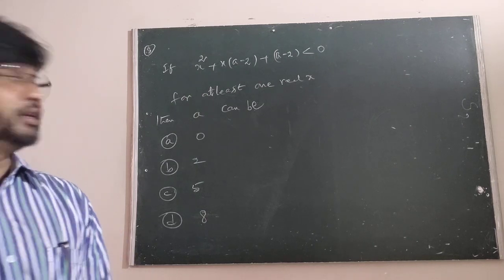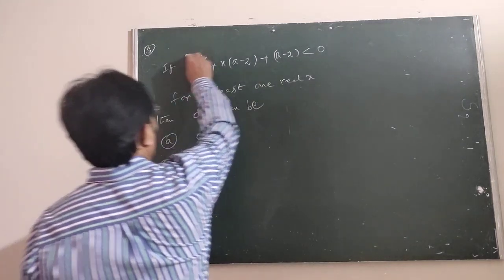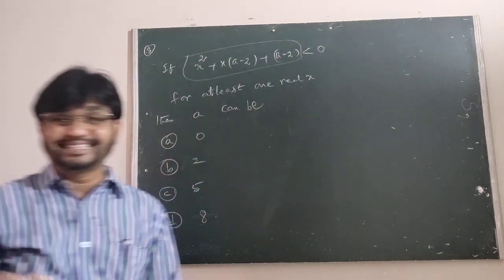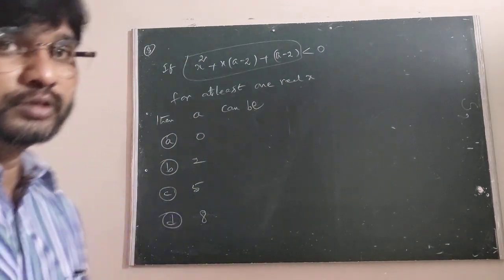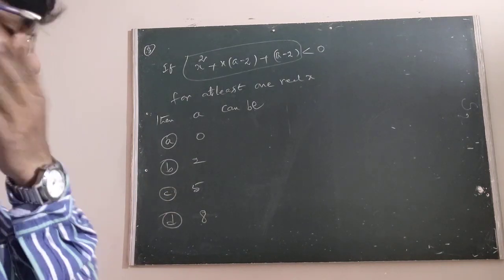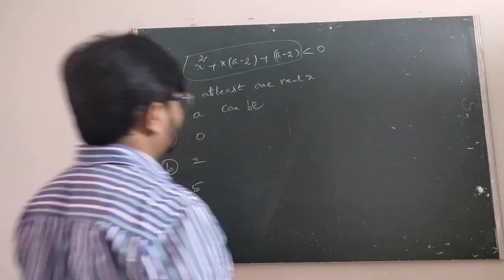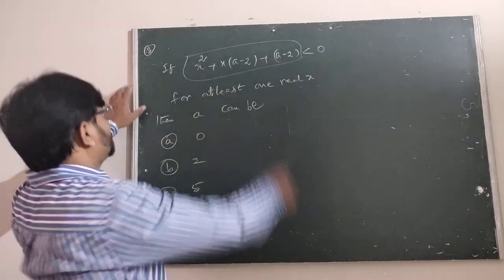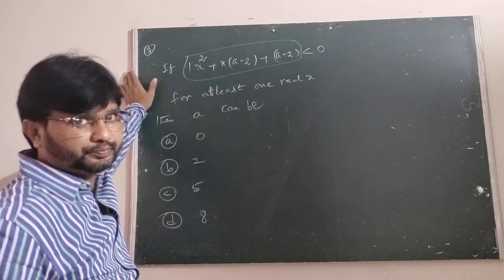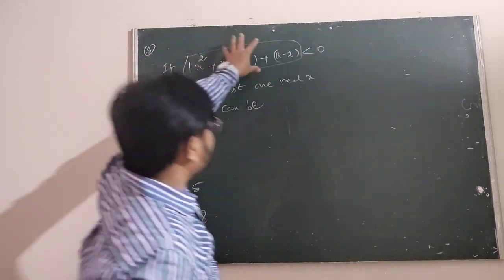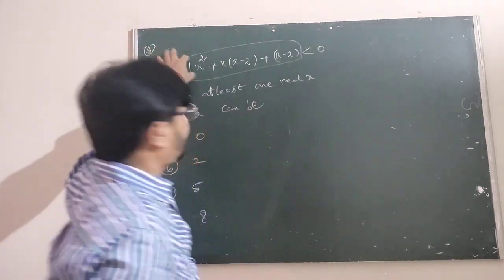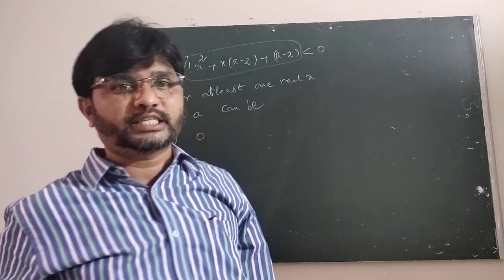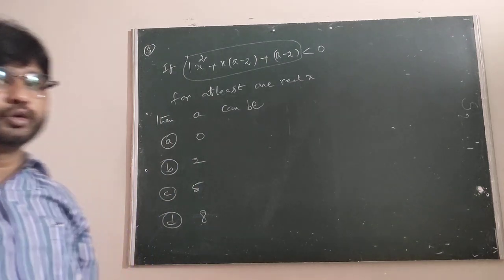What we observe here is that the inequation has a quadratic expression that is less than 0, meaning negative sign, but the x square coefficient is positive. The expression and the coefficient of x square have the same sign. The discriminant must be less than 0.